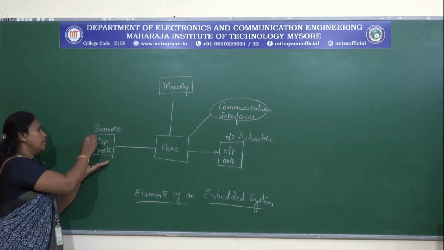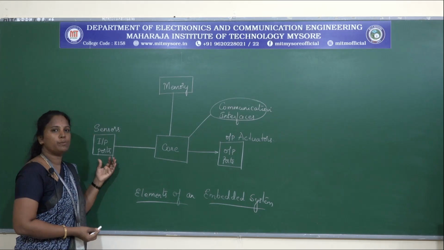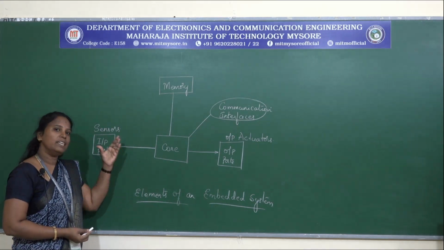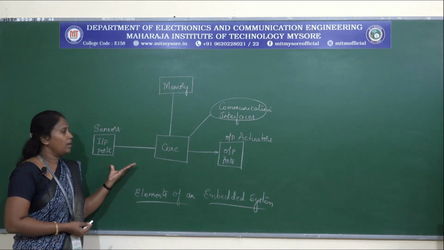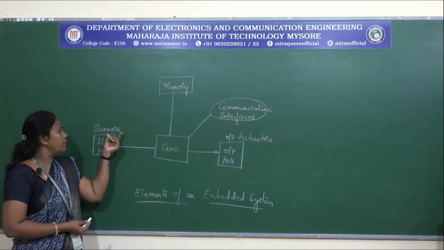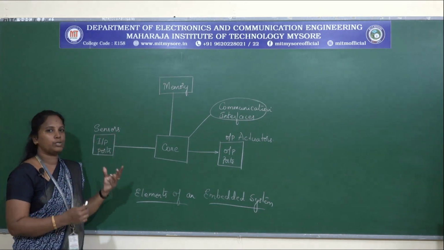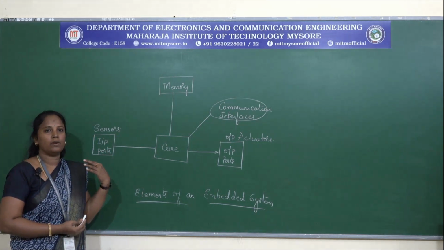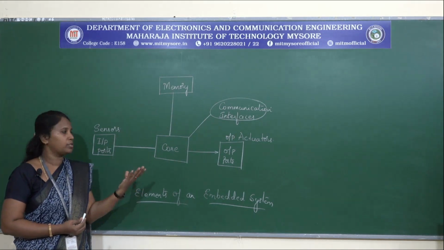Now for an embedded system to perform its operation, we require what we call the input device, or the input ports. For every embedded system, it has to sense something from the surrounding environment, or according to the type of application it is being used for.